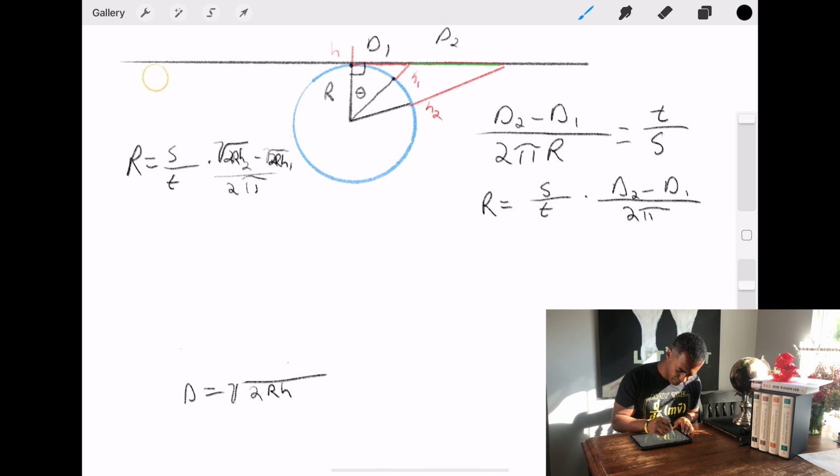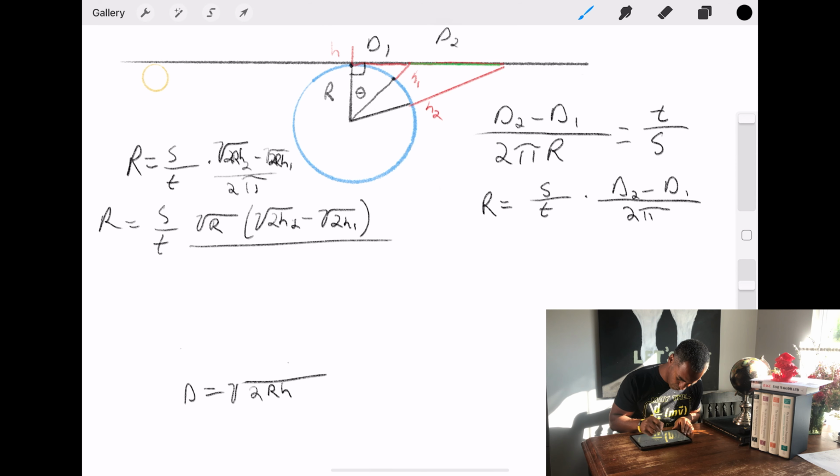Okay, here we're going to factor out the square root of r. So we have r equal to s over t, square root of r here, times the square root of 2h2 minus the square root of 2h1, over 2 pi.